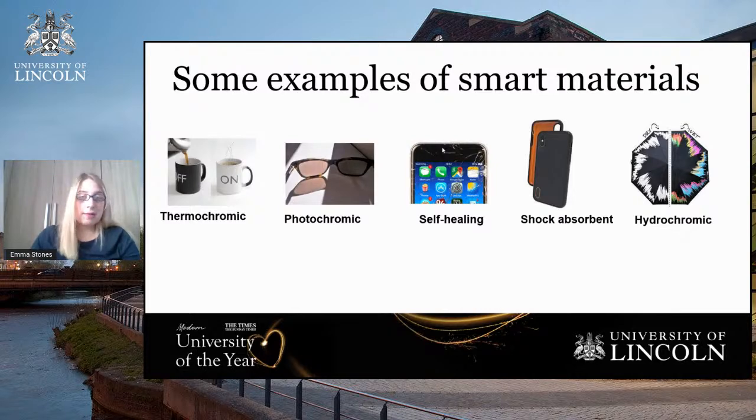If the phone screen then gets damaged, so let's say somebody drops their phone, for example, the linseed oil is released from within the screen. So it's done as microcapsules. That linseed oil then fills any cracks and on exposure to room temperature, that oil hardens and therefore repairs the phone. So it gets rid of any sort of visible damage there.